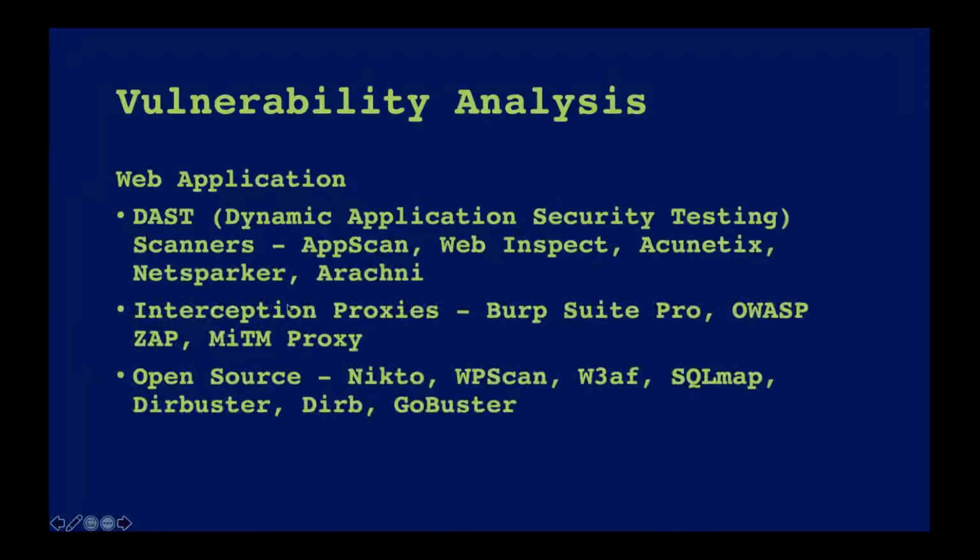And also for the web, there are DAST, dynamic application security testing scanners, such as AppScan, WebInspect, Acunetix, Netsparker, and Arachni. The commercial version of Burp Suite has a vulnerability scanner built in, as well as OWASP ZAP has a built-in vulnerability scanner for web applications.